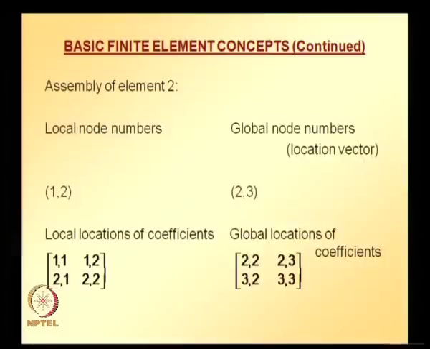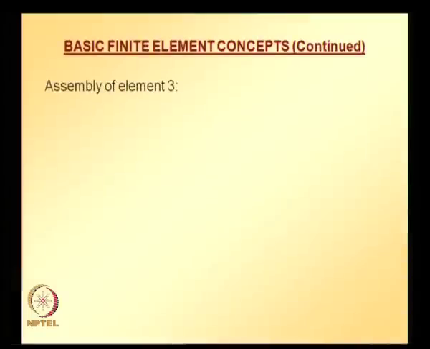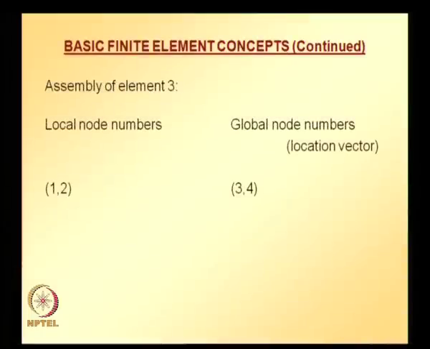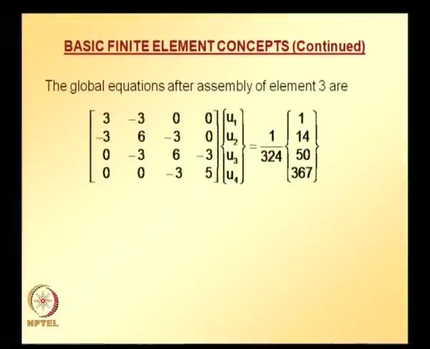With this information you can put the contribution of element 2 into the global equation system. Similarly for element 3 contribution, the same procedure. So this is the final global equation system without applying the boundary conditions.